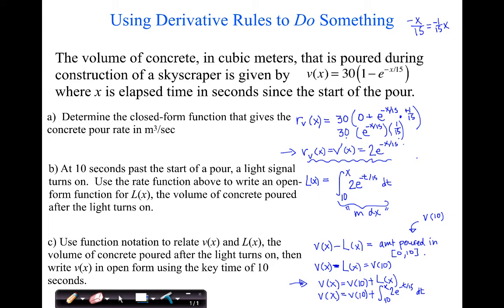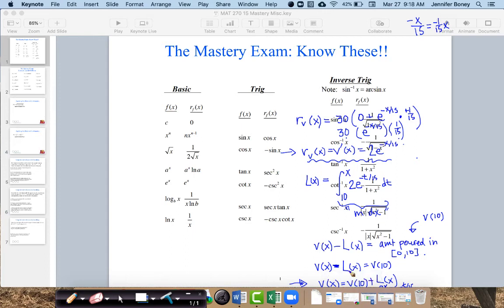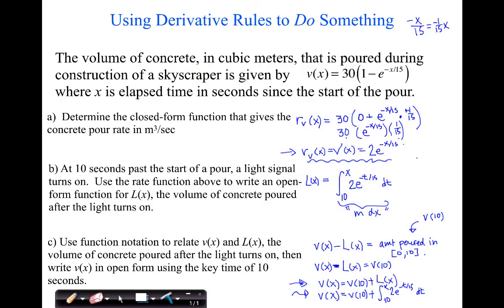This is one of infinitely many ways I can express V of x, because there's no reason I had to use 10. I could have used any number there. This particular question just asked us about this 10 seconds since the start of the pour. But this would be true for any value 0 or larger.